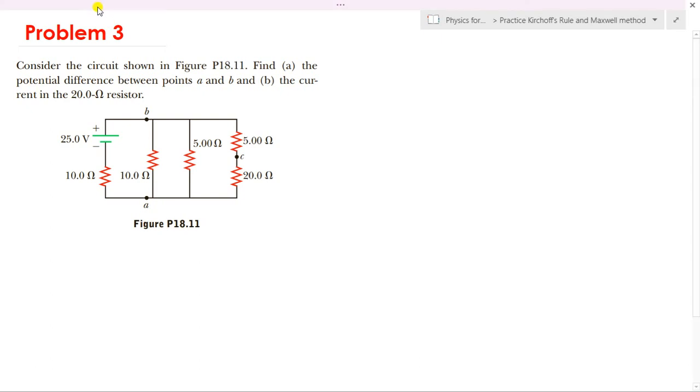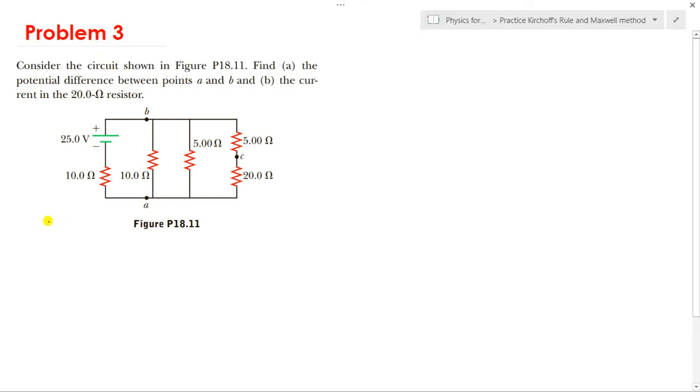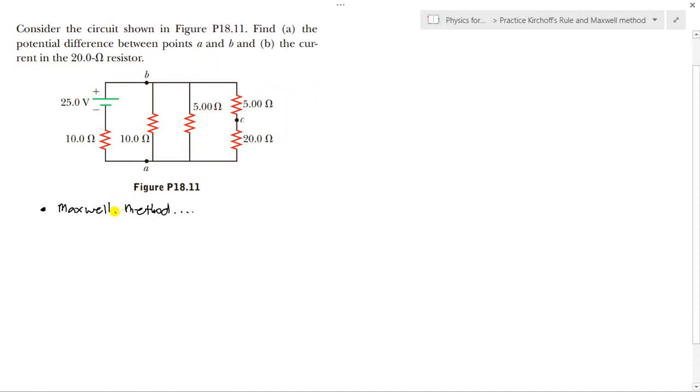Let's start with the Maxwell method, since you said it is easier. Based on our electrical circuit diagram, how many loops can you see? Let us see how many there are.